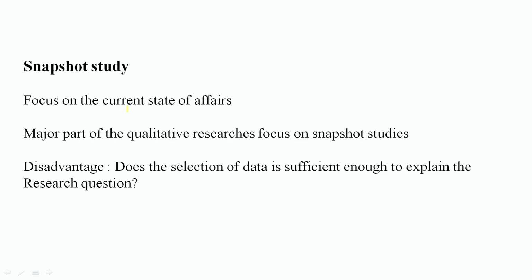A snapshot study is another research design in which you focus upon the current state of affairs. Most of the research we find is snapshot study. It is also called cross-sectional. This will give you an immediate result, but there is a disadvantage: whether your research question can be adequately addressed.